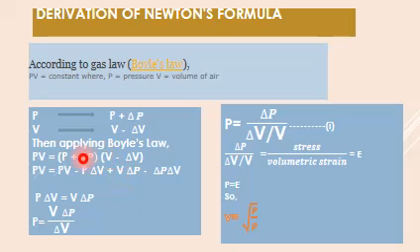Remember that stress has the unit of Newton per meter square, but strain has no unit, it is just a ratio. So stress upon strain is represented as the modulus of elasticity.